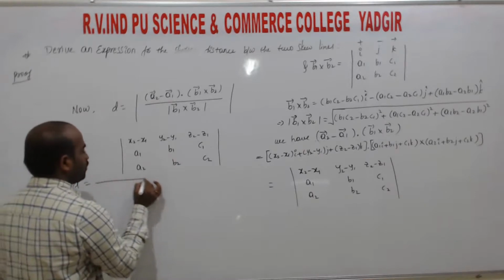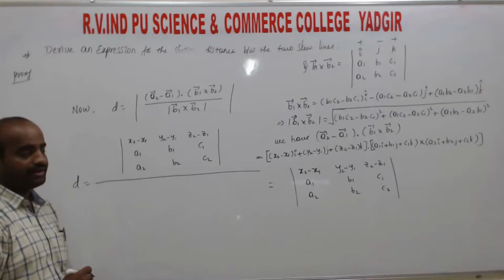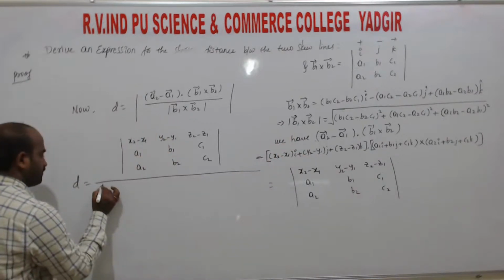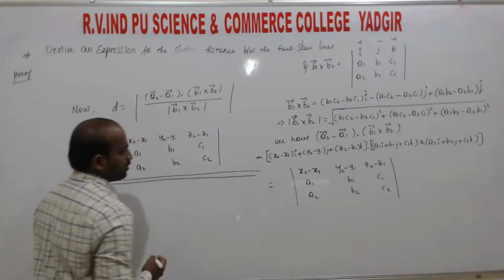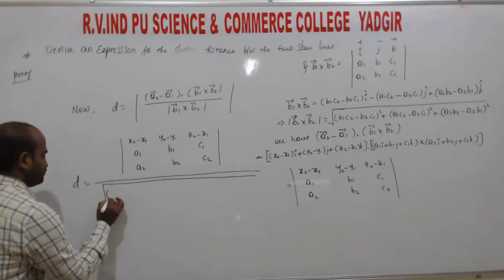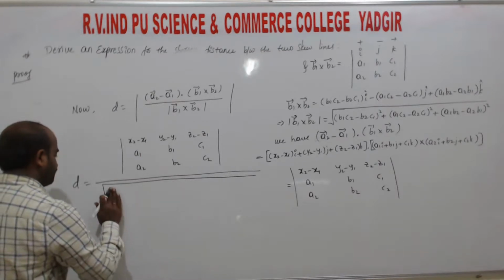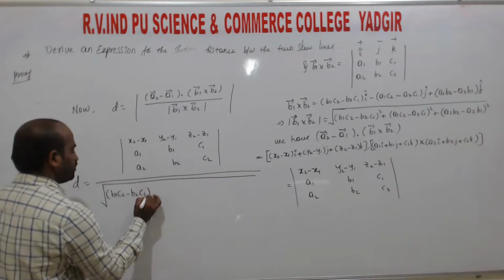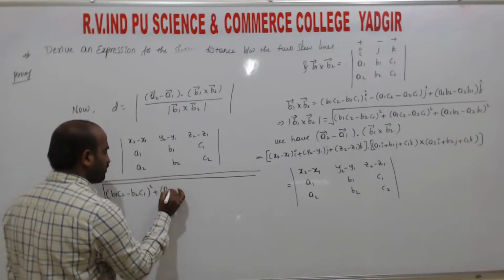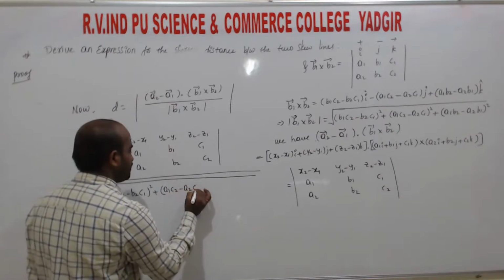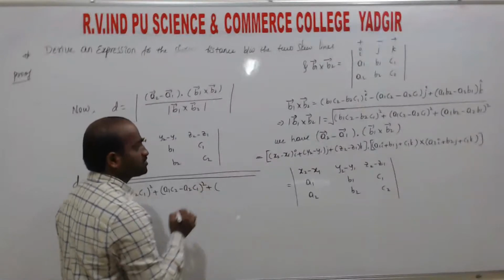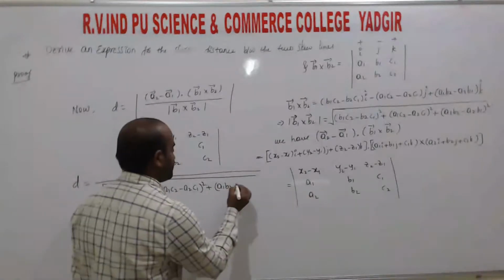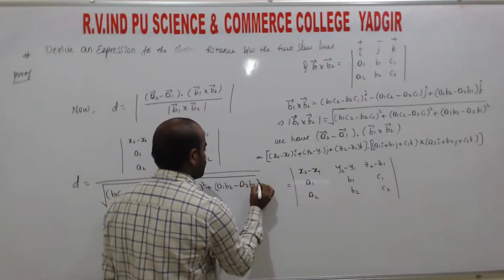D is equal to this whole divided by the magnitude of b1 cross b2, which we already found: root of (b1 c2 minus b2 c1) whole square plus (a1 c2 minus a2 c1) whole square plus (a1 b2 minus a2 b1) whole square.